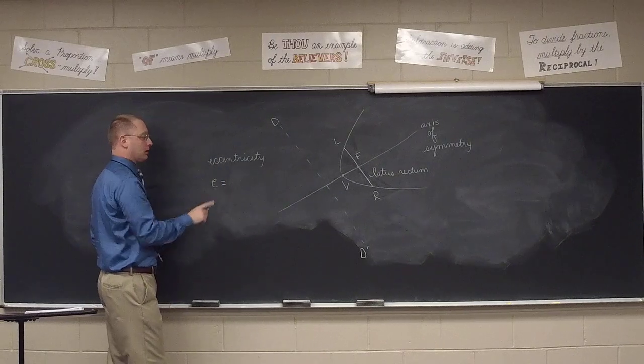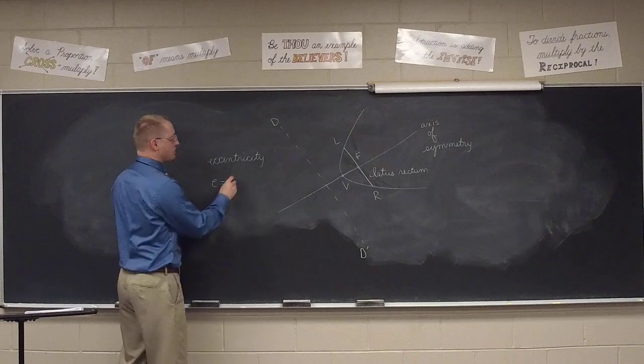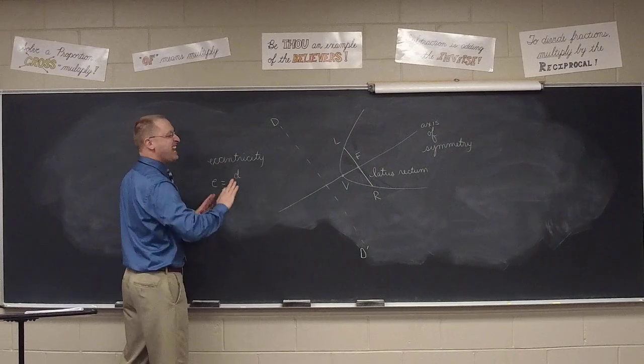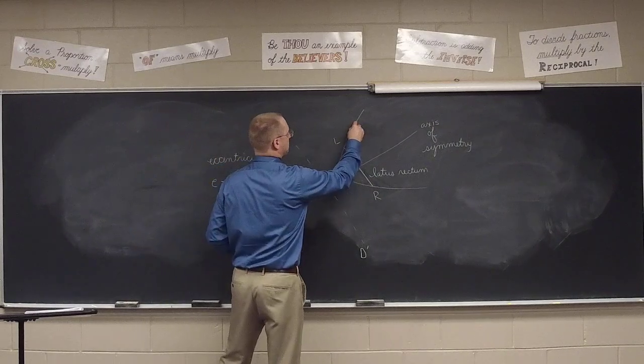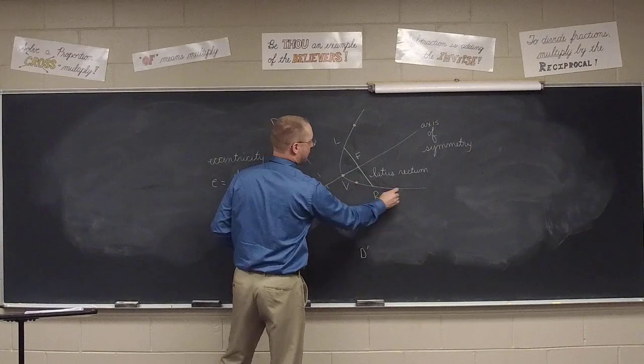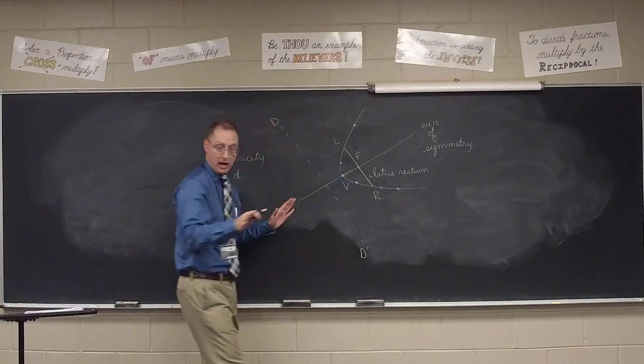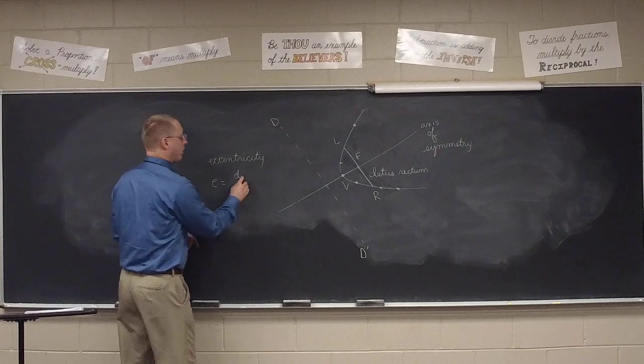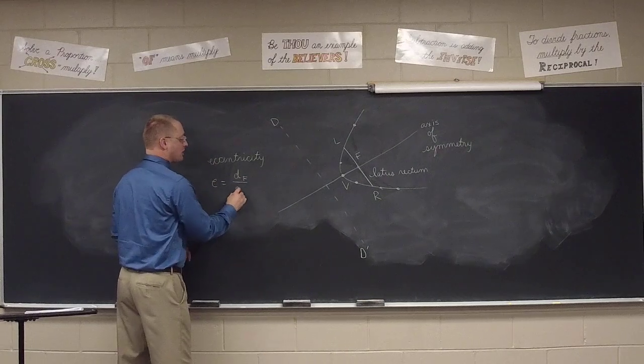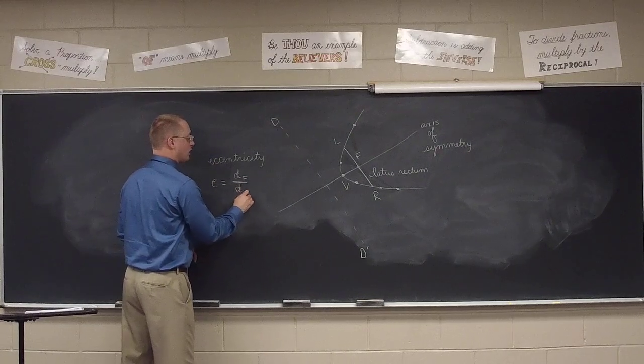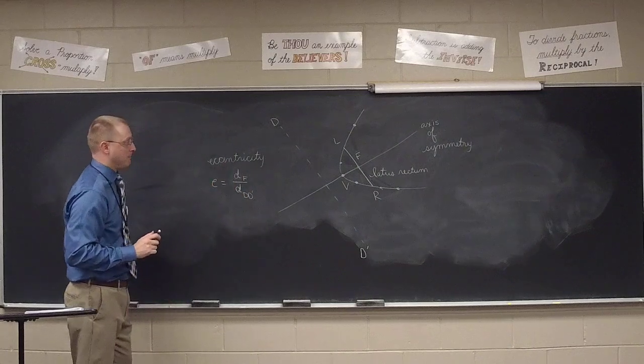For the parabola, the eccentricity is always defined as the distance of any point on the parabola, whether it's this point, that point, whatever, to the focus compared to the distance of that point to the directrix dd prime.